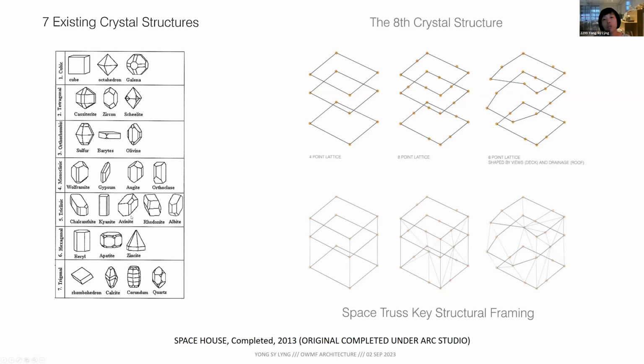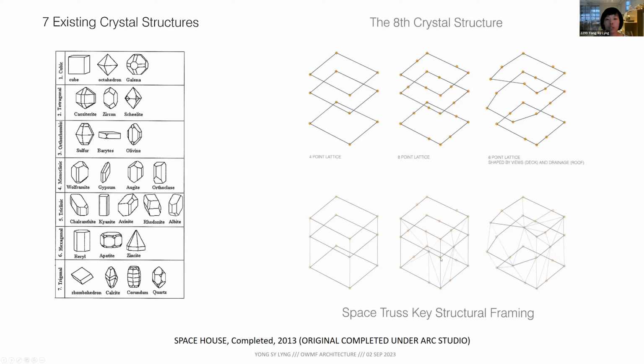So here we are trying to define the form based on 8 vertices. There are 2 stories, and therefore 3 layers of vertices. Each layer has 8 points, and these points are distorted by views and functional requirements. They extend or distort out, right?